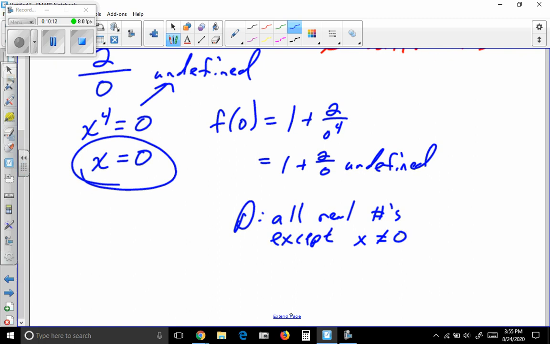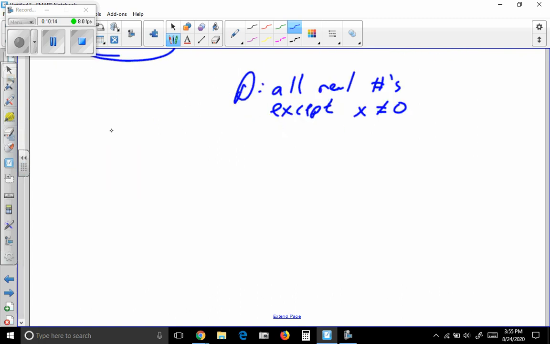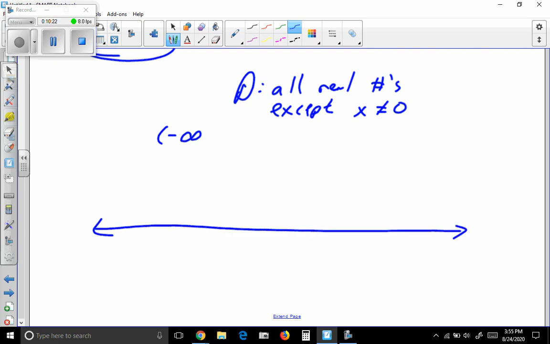As an interval, that means we can start out way to the left at negative infinity. Imagine this is a number line and we're describing every x that's okay. So we can go from negative infinity, and the first number we get to that we're not allowed to use is 0. So when we get to 0, we don't include it, so we put a parenthesis.